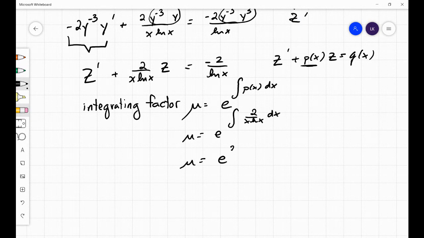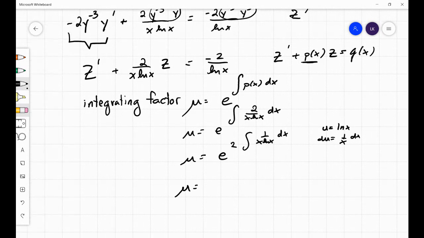So the integral of 1 over x log x there. We just use a substitution where the new variable, let's say u, is log x. du is 1 over x dx. So after that substitution, you just get the antiderivative of 1 over u du, which is log of u.